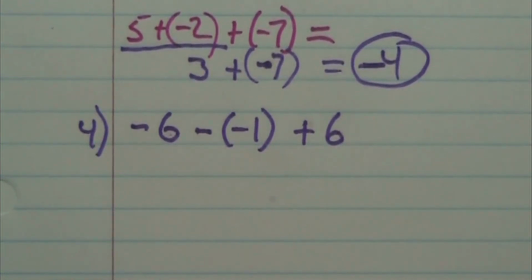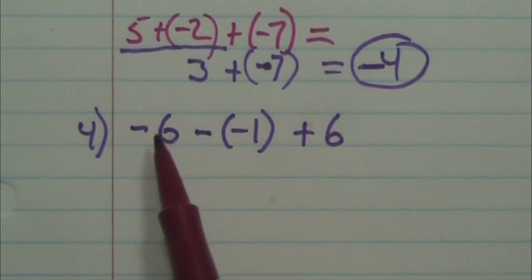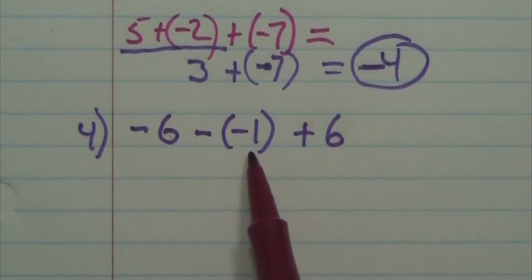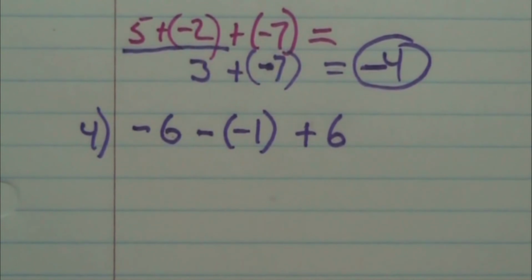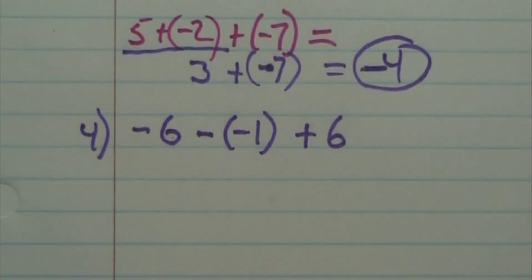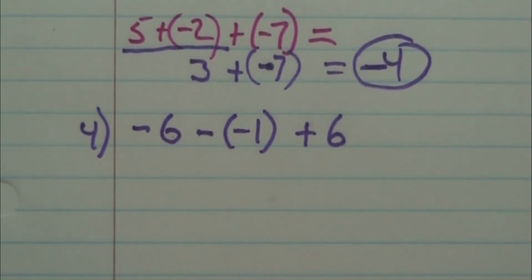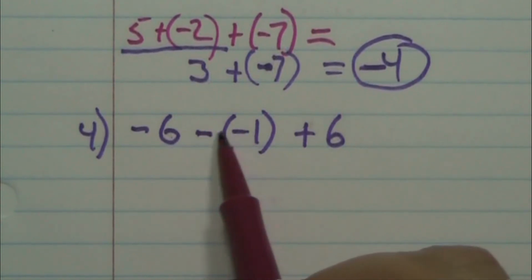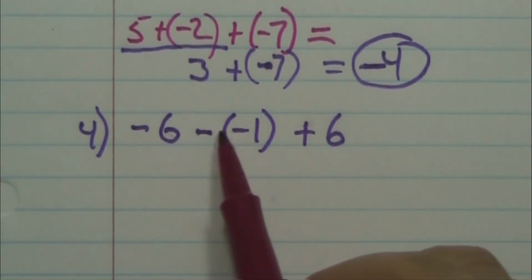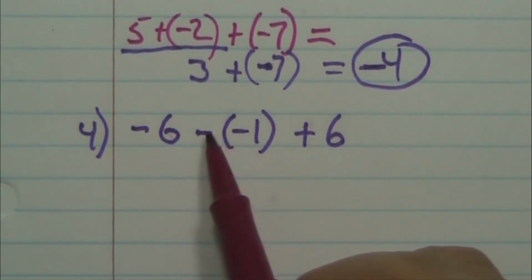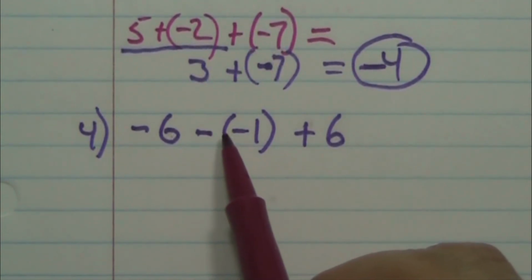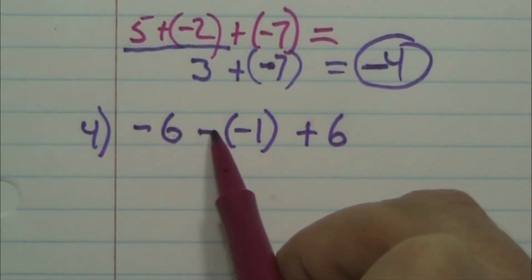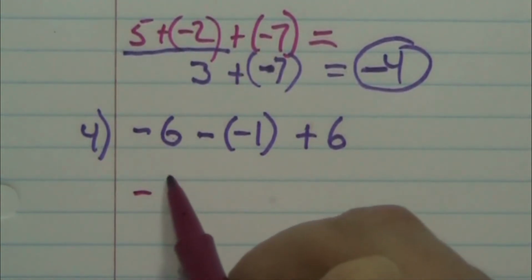Number 4. Negative 6 minus negative 1 plus 6. All right, so if you want to, you could already change this right here. This is plus. This makes a big plus. Right, so you know what, I'll just rewrite it.